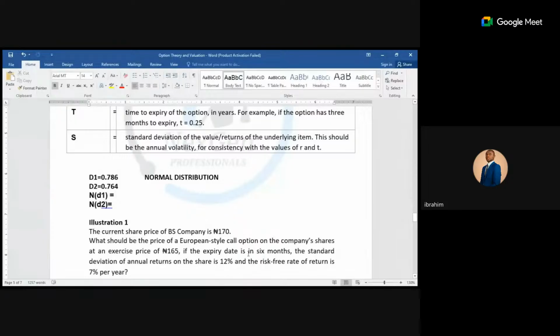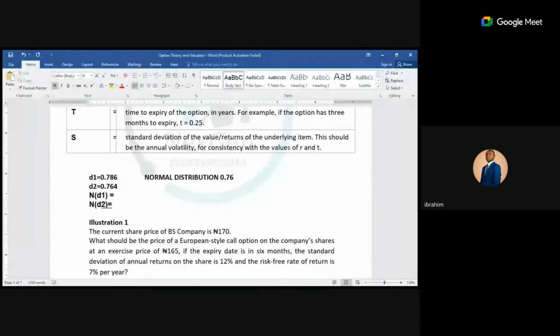When you check the normal distribution table and you've already calculated D1 to be positive and D2 is positive, maybe you have 0.76.